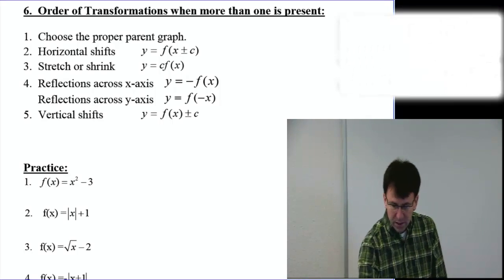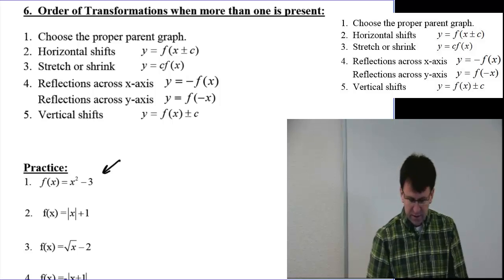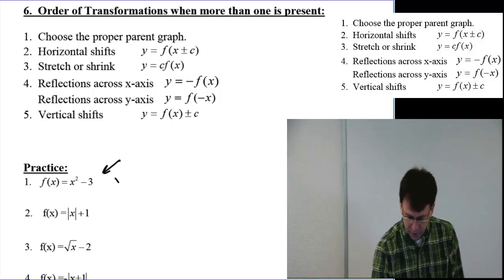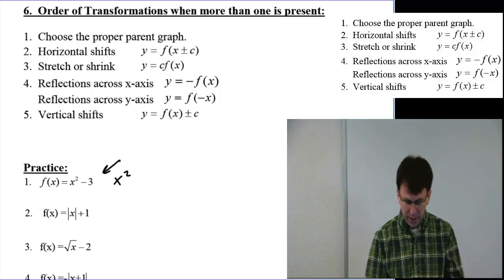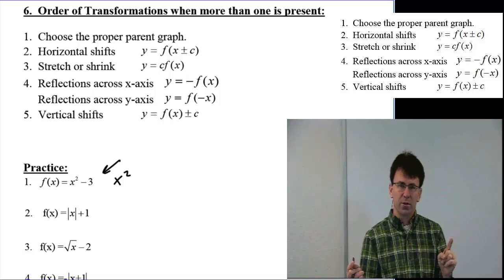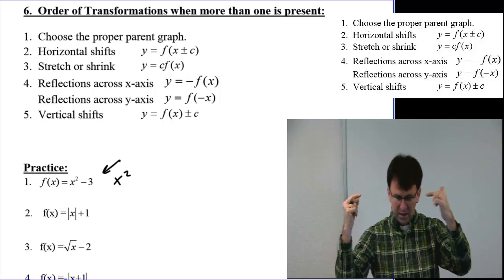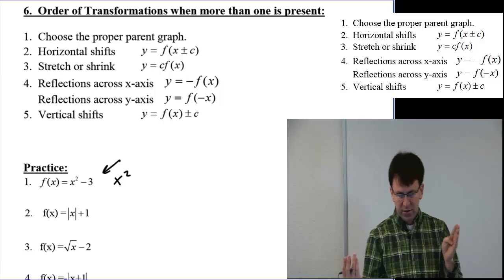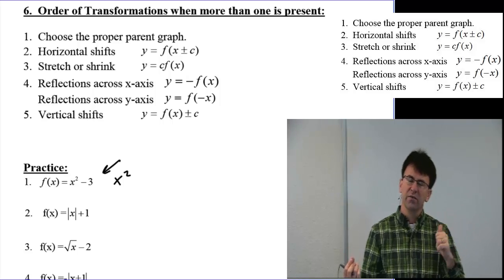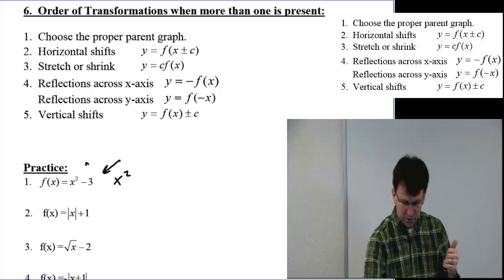Coming up here, I've got x squared minus 3. What I want you to first identify is the parent of the graph. The parent of the graph is x squared. Then let's do the order. Is there anything happening inside? Nothing's happening inside. Is there a multiplier after the squaring? No. Is there a negative living someplace that I need to pay attention to? Well, there is a negative here.